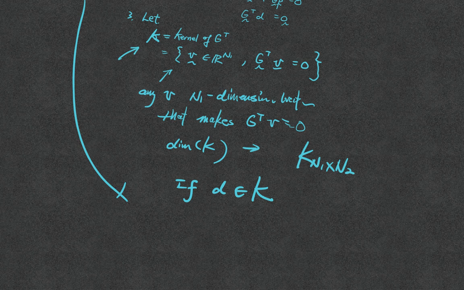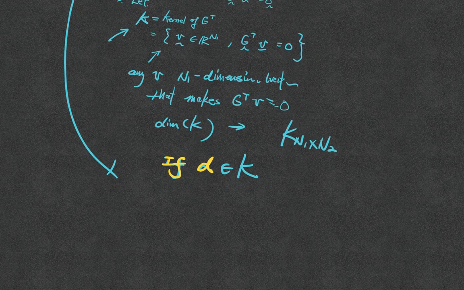So far so good? Now the next thing I want to consider is: what if D is an element of that kernel? I don't know right now whether it will be just the 0 vector or something non-trivial. We don't know yet.